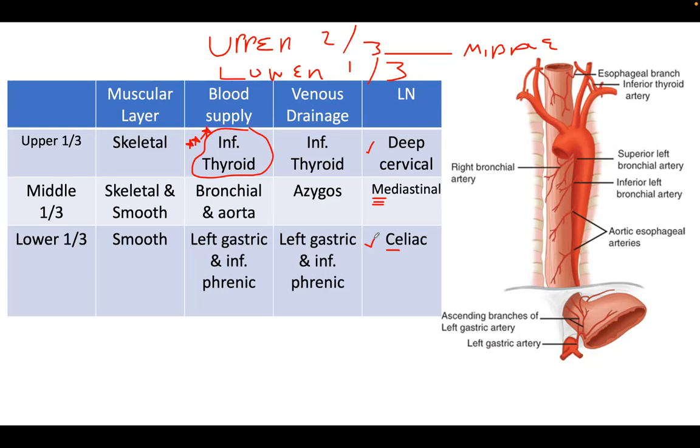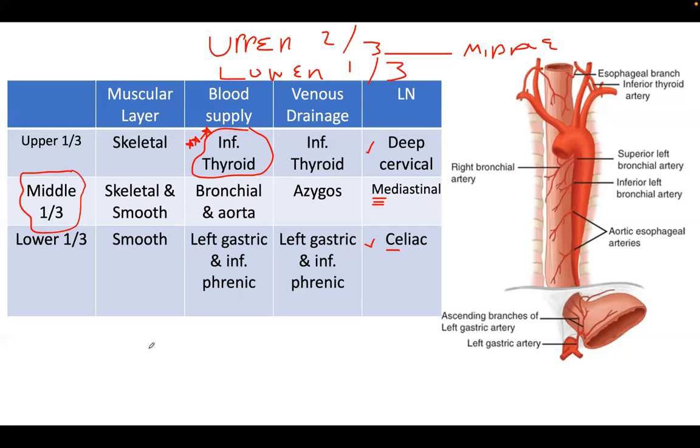Now, question. Where is the most common location of esophageal cancer? Is it found in the upper 1/3, middle 1/3, or the lower 1/3? It is found in the middle 1/3.